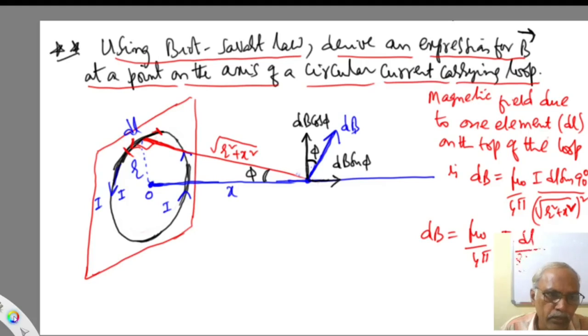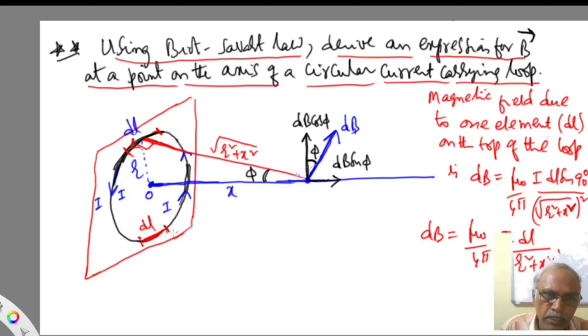Similarly, I take one more element diametrically opposite to the first element. This is the element dl.